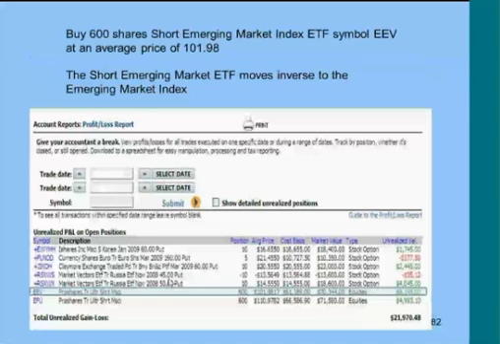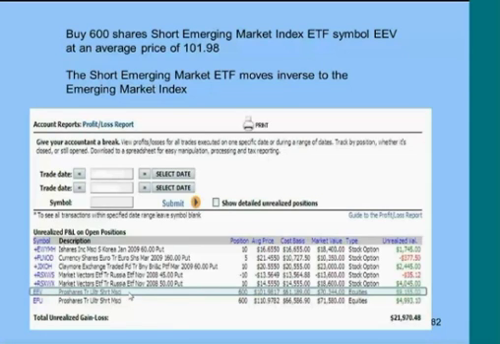My brokerage statements here show that EEV, which is the short emerging market index ETF, I bought 600 shares, and at the time I had a $9,155 profit. So this short ETF, EEV, profits if the emerging markets ETF is going down in price.